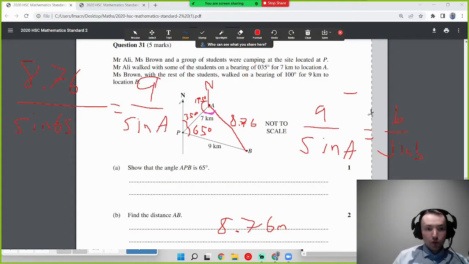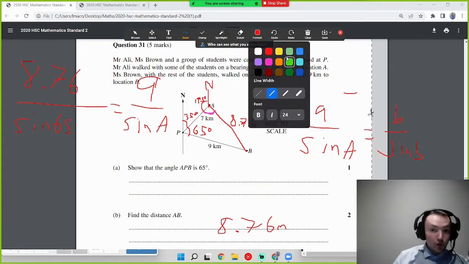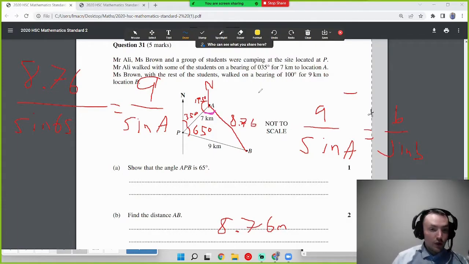Now, all we have to do is rearrange our equation. A few students might get a little confused about how to rearrange this equation. What we need to think about first off is getting rid of this denominator.